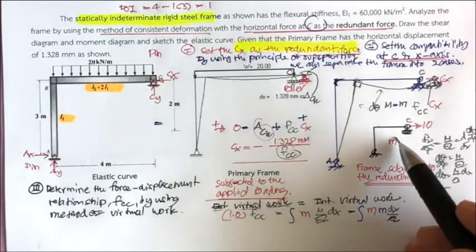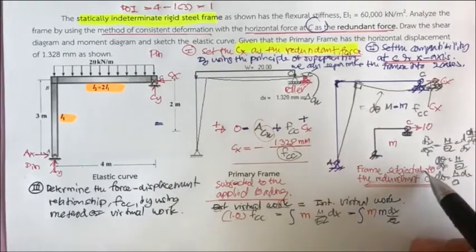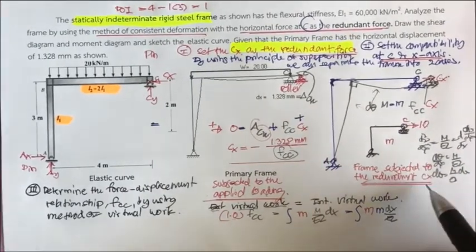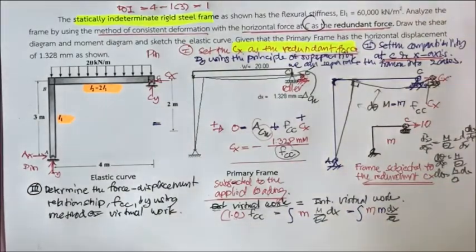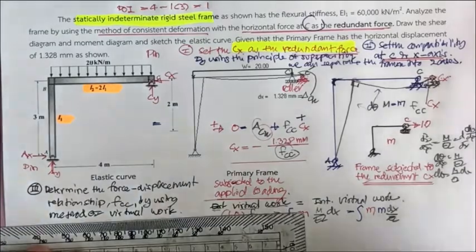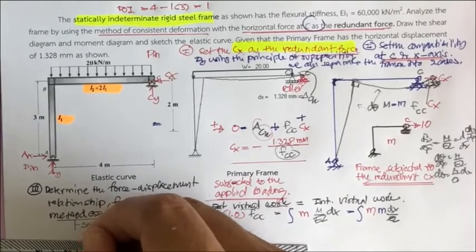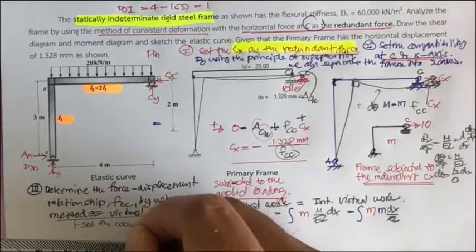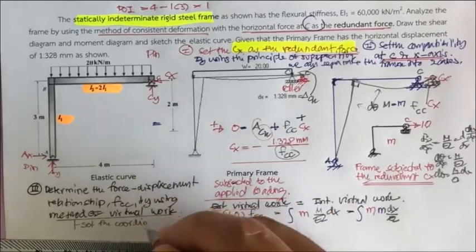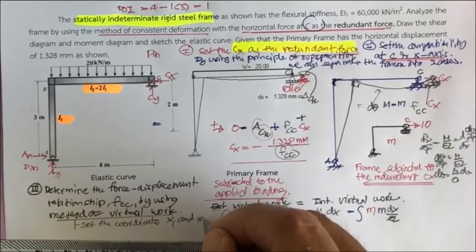Okay, so now our problem is reduced to determining the moment that occurs in this frame subjected to the redundant C sub x of 1.0. And now let us set the coordinate. You do two things. One, you're going to set the coordinate; for this one, you're going to set x1 and x2.